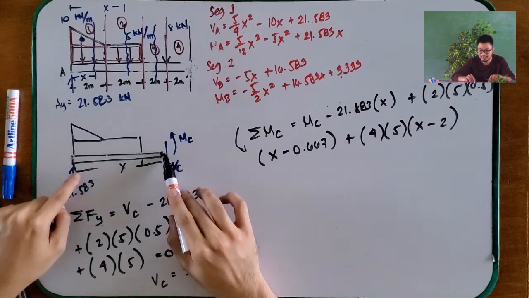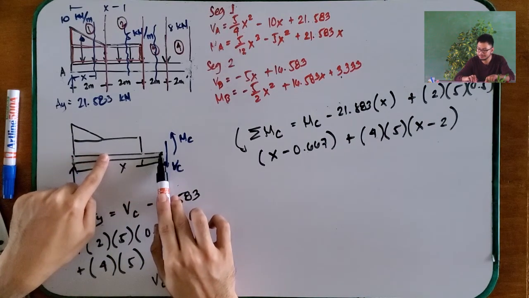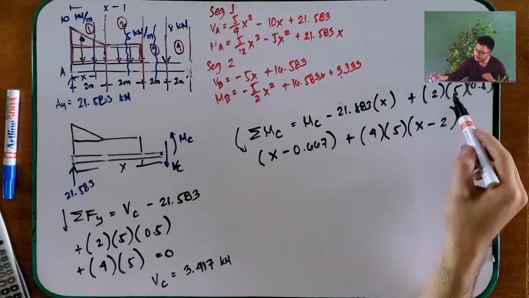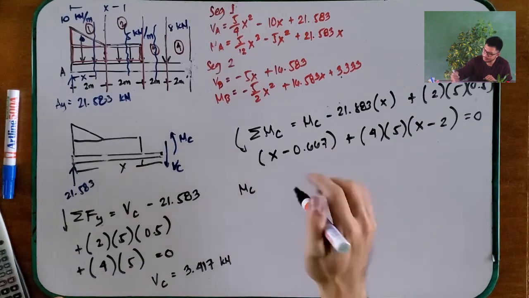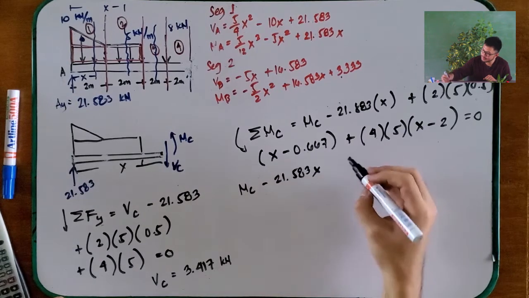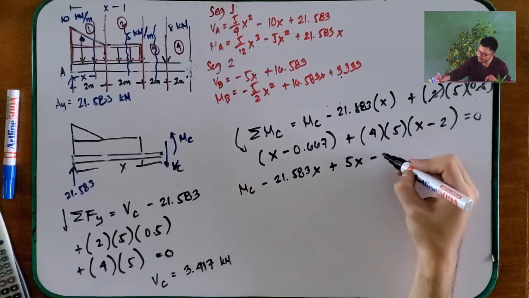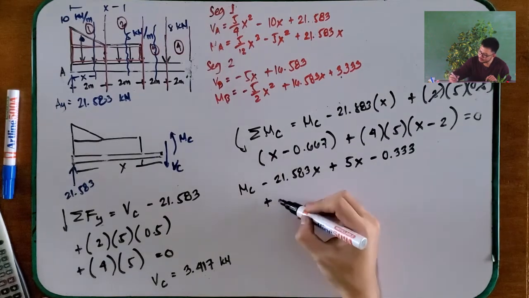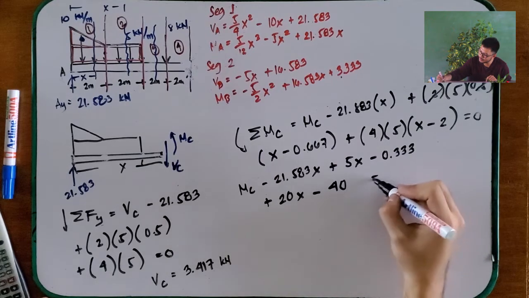Okay, the moment is direct. So the distance is x minus 2. Okay, it's 2: 1, 2, 3, 4. So, equals to 0. MC minus 21.583x plus 5x minus 0.333 plus 20x minus 40 equals to 0.